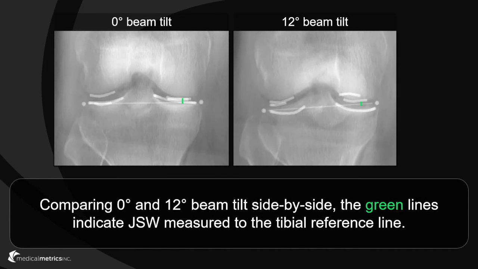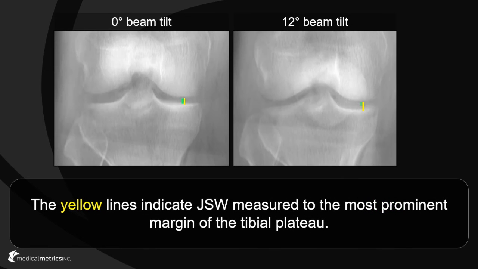Comparing radiographs at 0 degrees and 12 degrees of vertical beam tilt, side by side, the green lines indicate joint space width measurements in the mid-coronal plane. The yellow lines indicate joint space width measured using the most prominent radiographic shadow of the tibial plateau.